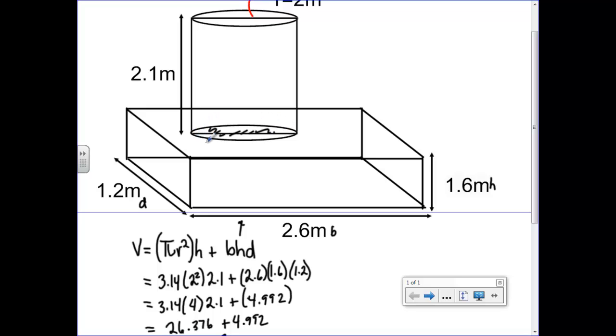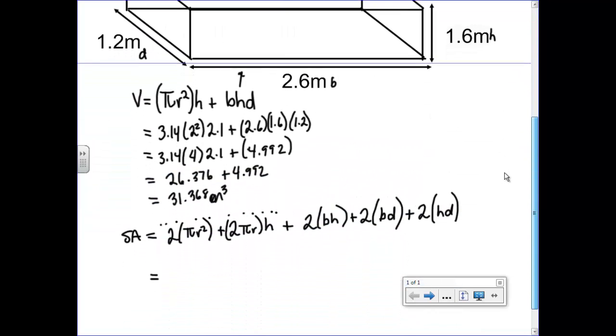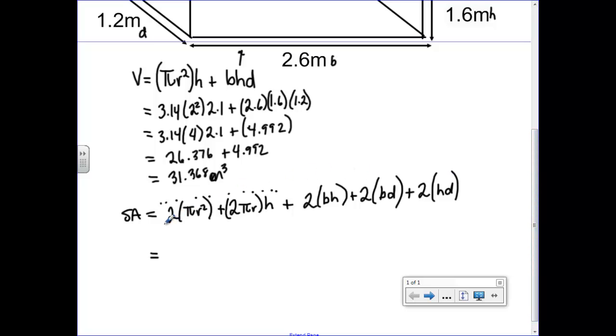If I took away the circle to allow a hole to be open from the rectangle, then I have to take away the bottom of the cylinder. I'm really missing the two circles in the cylinder, so I can cancel this whole part of the equation out and start solving for the rest.